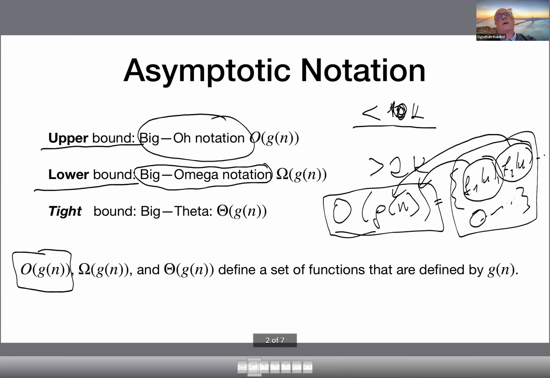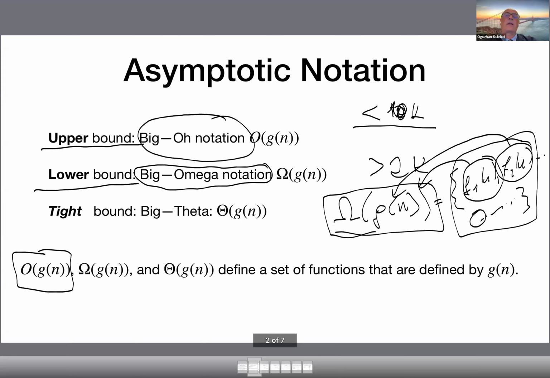Just assume that time and space complexity are the same in terms of math. Similarly, big omega is also a set of functions, this time for the lower bound.